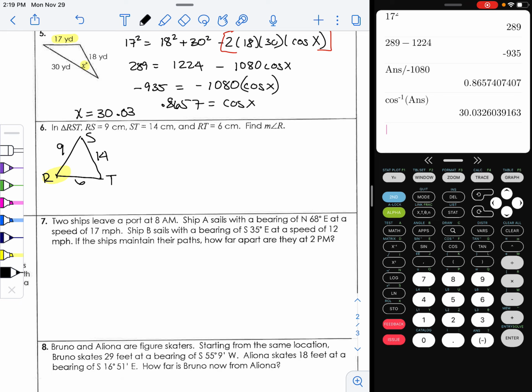I'll give you the answer in just a little bit. You may or may not be done, but that angle, if you are done, comes out at 137 degrees.